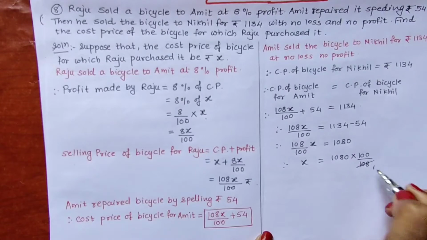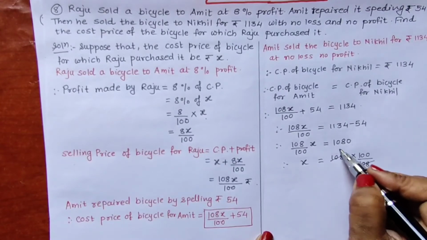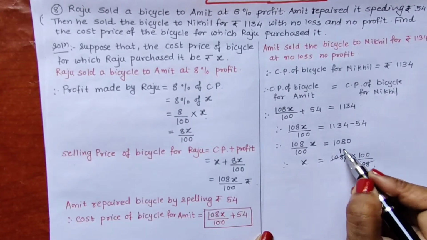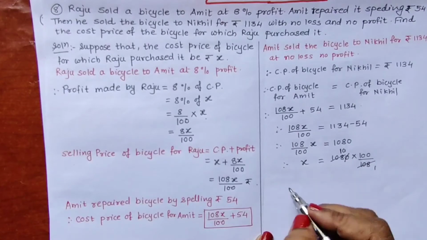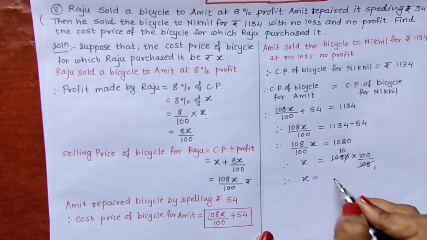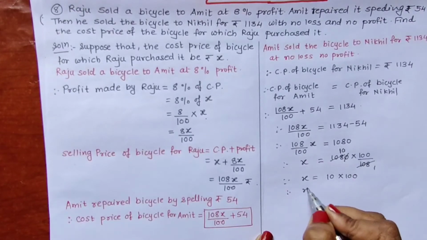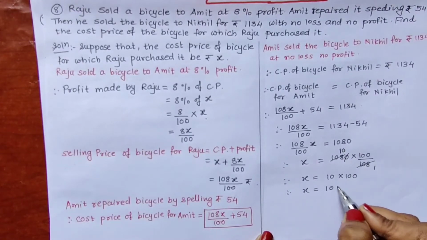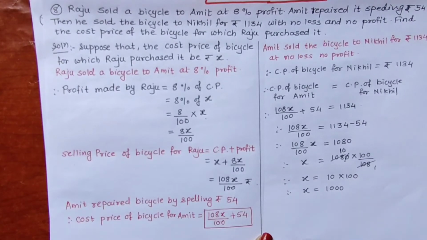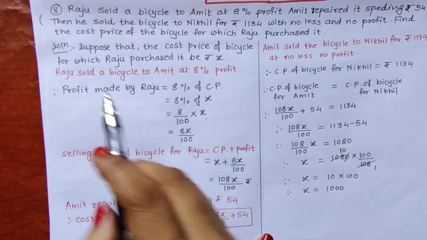So 108 ones are 108, and 108 tens are 1080, so x is equal to 10 multiplied by 100, that means 1000.